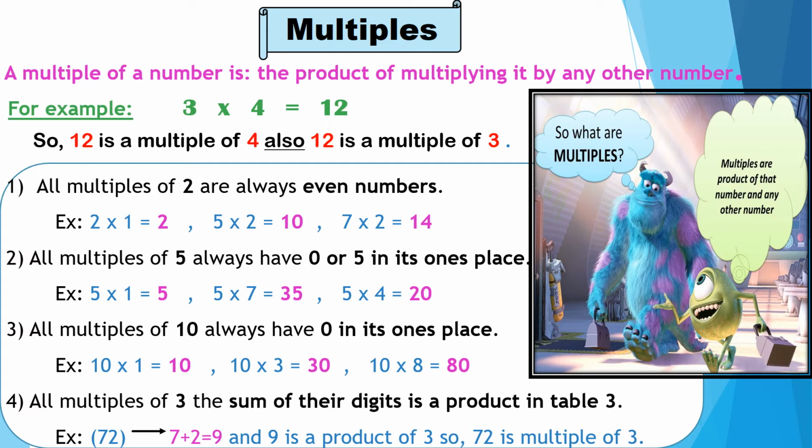Is this 9 a product of table 3? Yes, because 3 times 3 equals 9. So 72 is a multiple of 3. This number 4 rule about multiples of 3 is optional to know. But you must memorize very well multiples of 2 and multiples of 5 and multiples of 10.